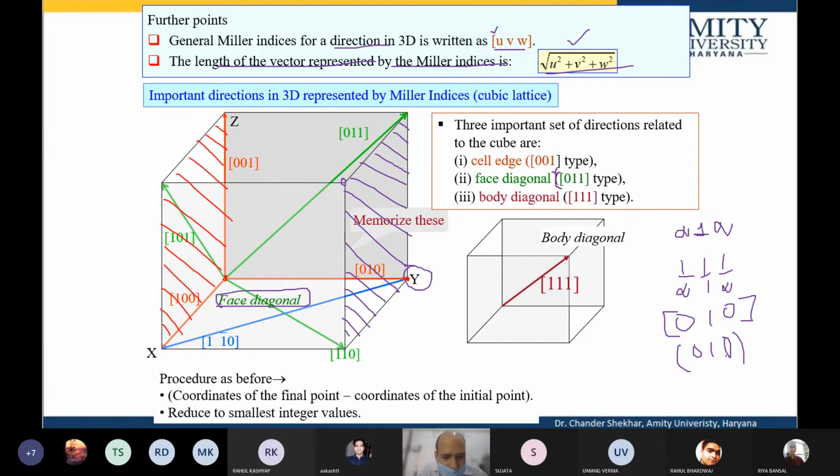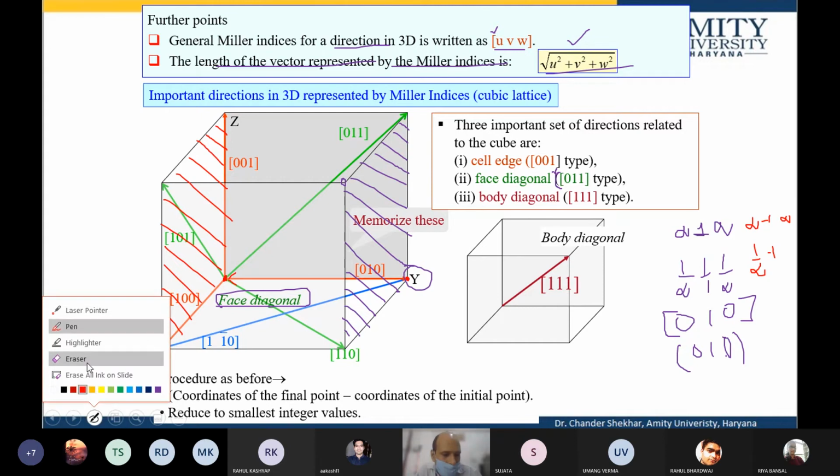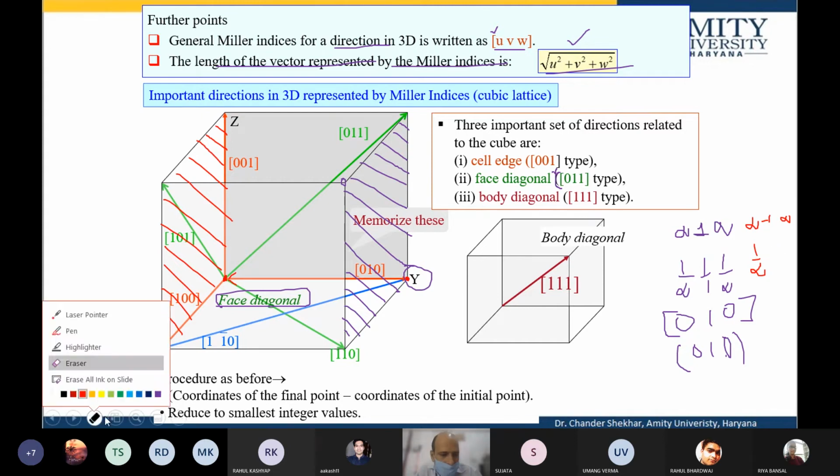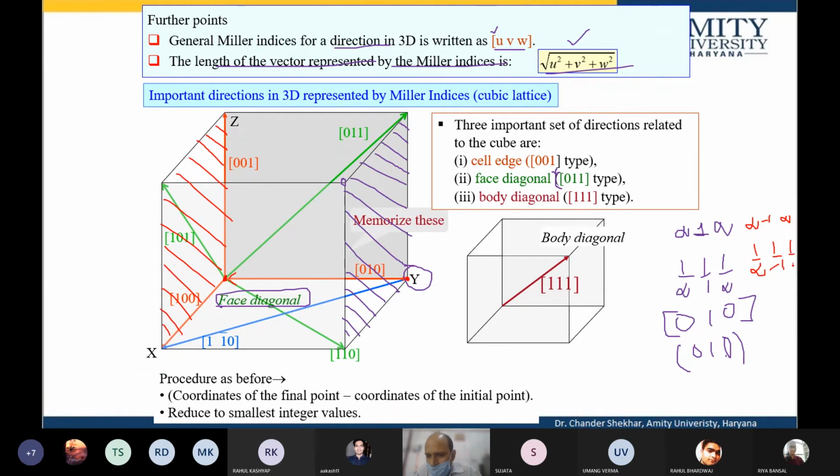Then the direction becomes from this point at y to this, and the intercepts can be taken similarly. Because this is the y axis, the intercepts will be infinity, -1, and infinity, and the reciprocals will be 1 by infinity, 1 by -1, 1 by infinity.